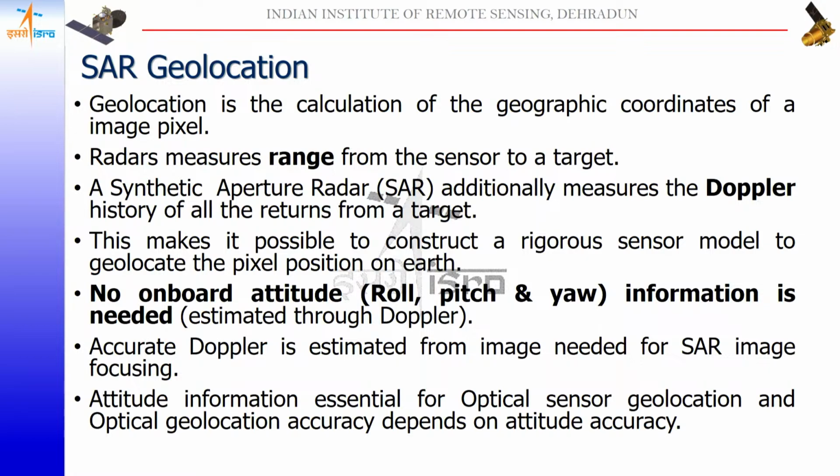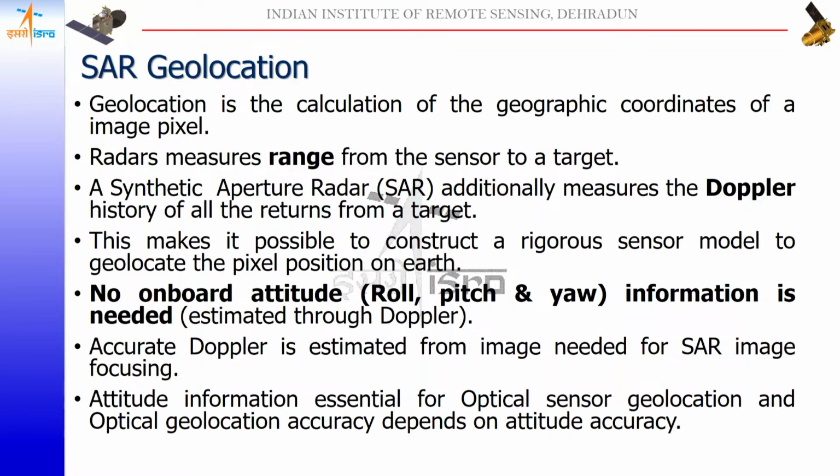Any error in roll, pitch, yaw will reflect on the optical images. So in case of optical, normally we geolocate using the roll, pitch, yaw, where there will be issues of inaccuracies, so we need the GCP, ground control point, to correct those inaccuracies.